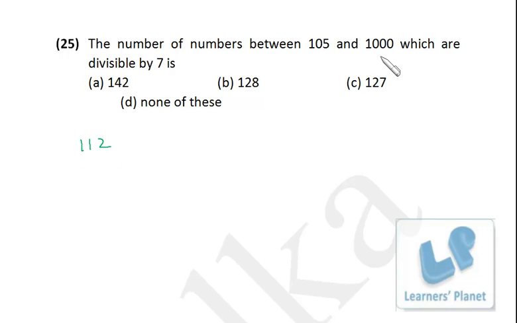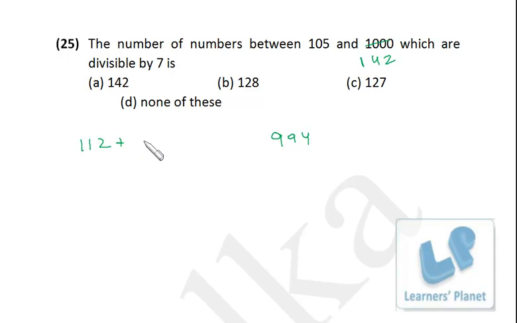And the last number below 1000 that is divisible by 7, just try to get the remainder when 1000 is divided by 7. Six is the remainder, so the last number must be 994, which is divisible by 7.